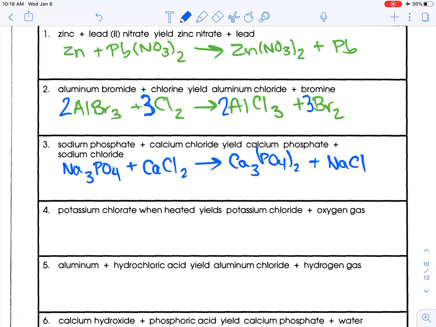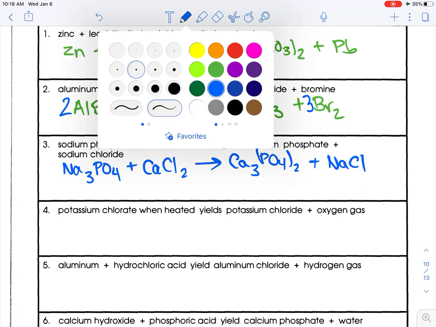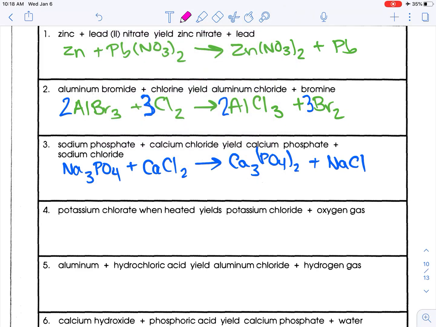Okay, so I see that this needs coefficients. Let's go with pink. And again, you just kind of go and just do stuff. Calcium needs a 3. And again, there's no right or wrong way to do this. I'm going to choose calcium first. So calcium has a 3 on the left, and 3 on the right.